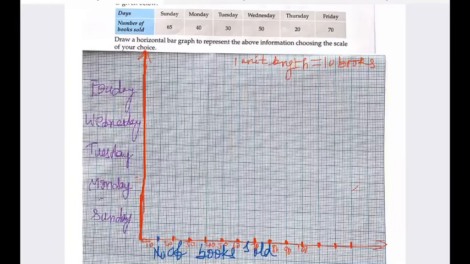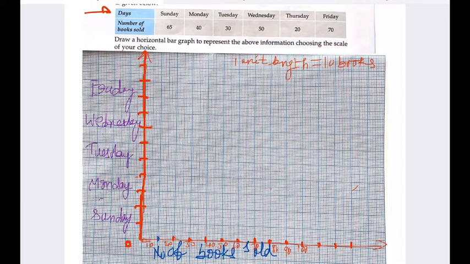In a horizontal graph, these are the things which come on the y-axis, like we have taken all the days on the y-axis, and we have taken the data, that is the number of books sold, on the x-axis. So days on the y-axis and the data on the x-axis. On the x-axis we have the number of books sold. We have taken 10, 20, 30 starting from 0.